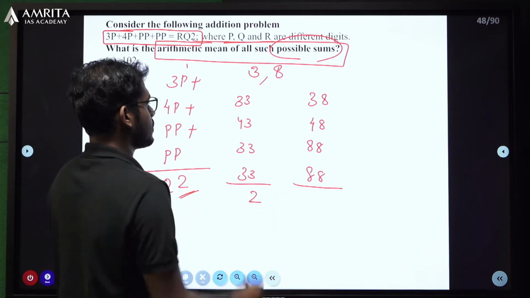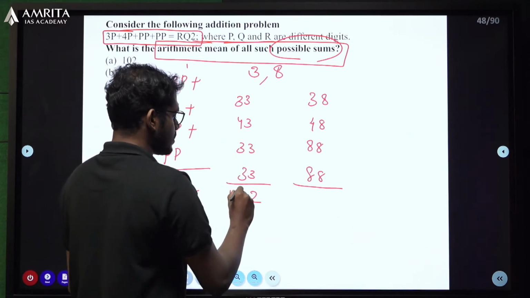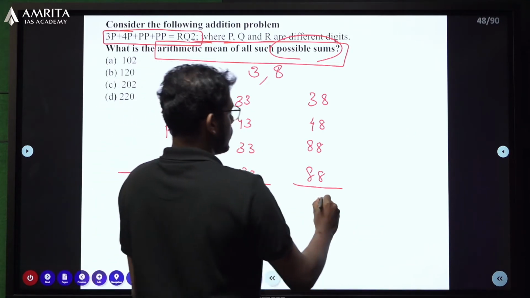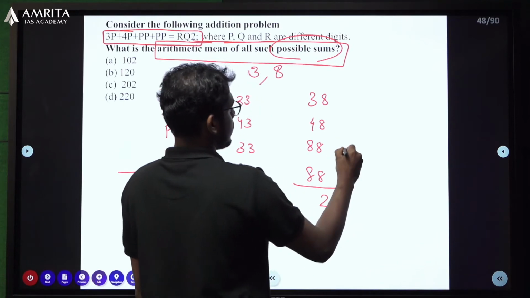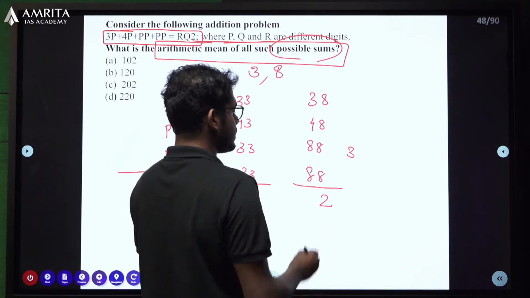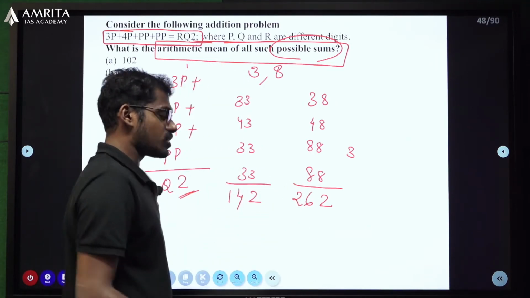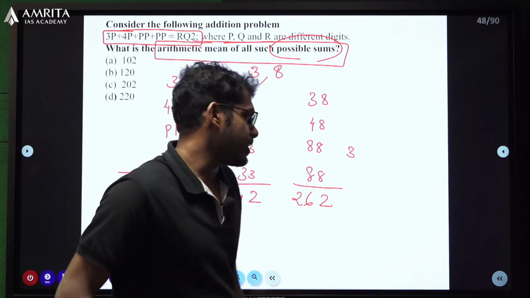Remainder 1, 3 plus 1, 4, 4 plus 4, 8, 8 plus 3, 11, 11 plus 3, 14. Remainder 3, 3 plus 3, 6, 6 plus 4, 10, 10 plus 8, 18, 18 plus 8, 26. So the sums are 142 and 268.